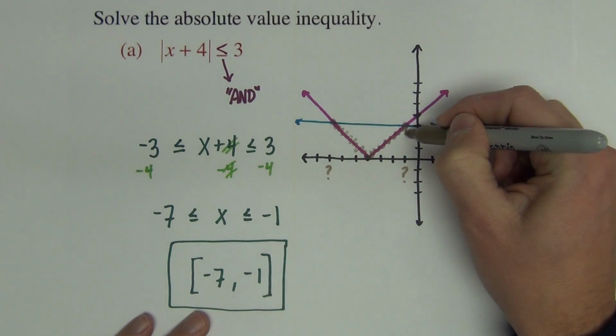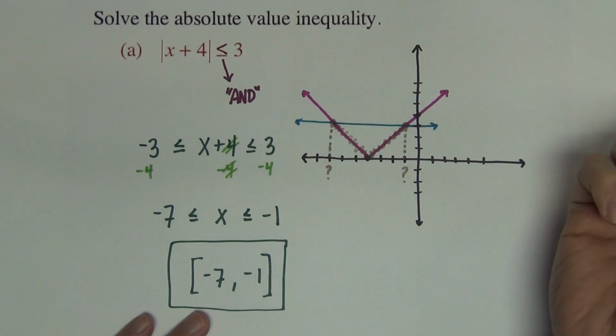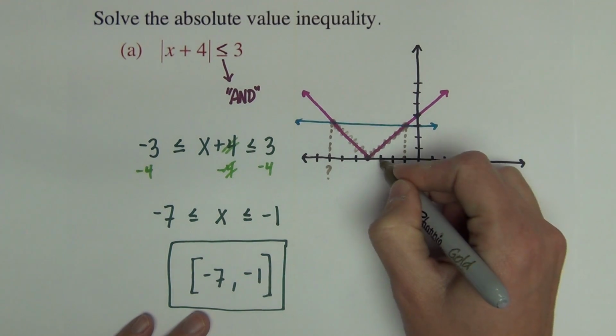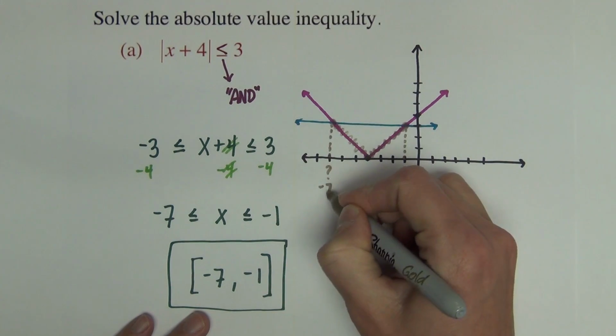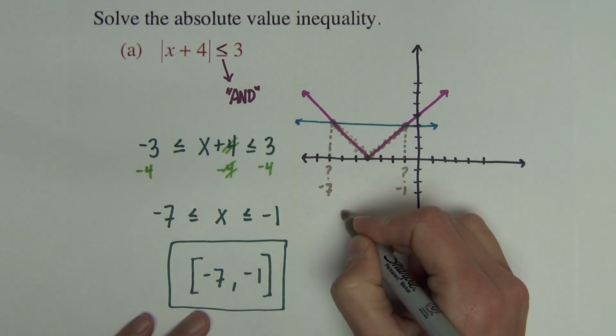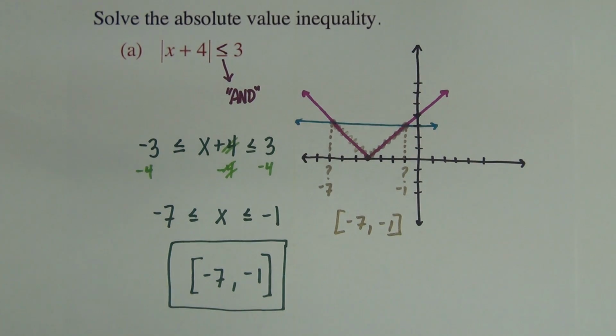So if I could just figure out what these numbers are, and if we've drawn a good graph, we could certainly just count those numbers. This is negative 1, 2, 3, 4, 5, 6. This is negative 7. We could just as easily say that this V-shape is below 3 between negative 7 and negative 1. So I leave it up to you to determine which you feel is the better approach.